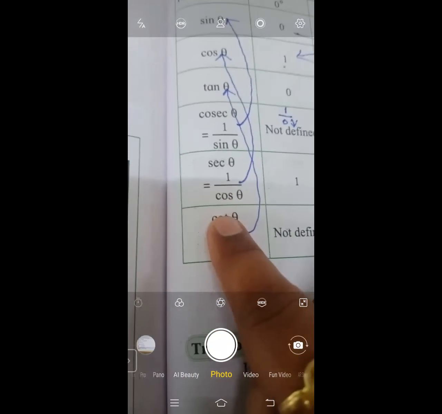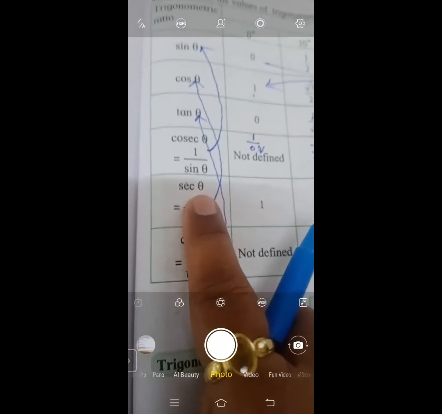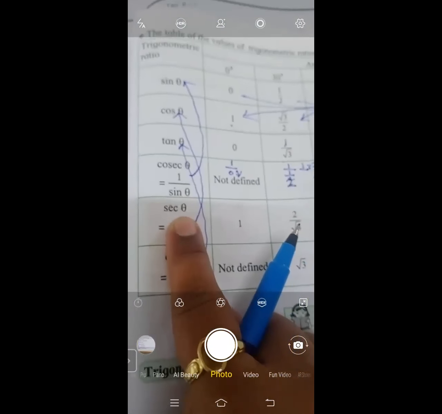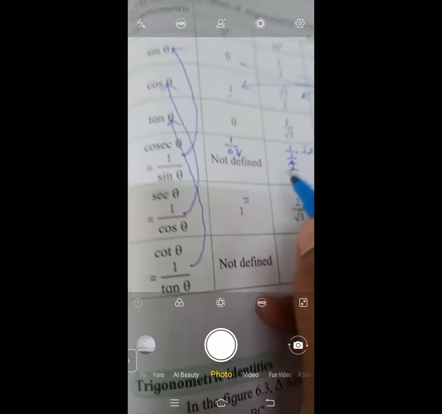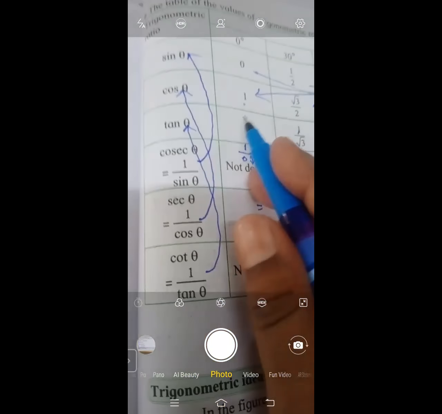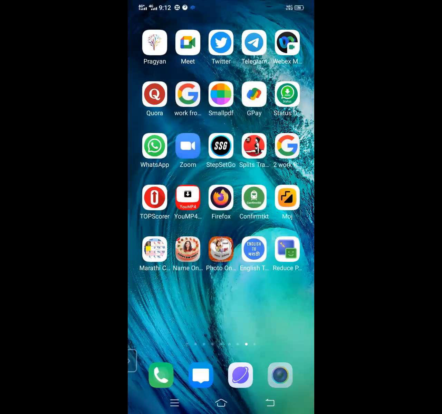Same for sec theta, which is 1 upon cos theta. So while deriving the value for sec 0 degree, what do I have to write? 1 upon cos 0. So 1 upon cos 0 is 1, so 1 upon 1 is 1.